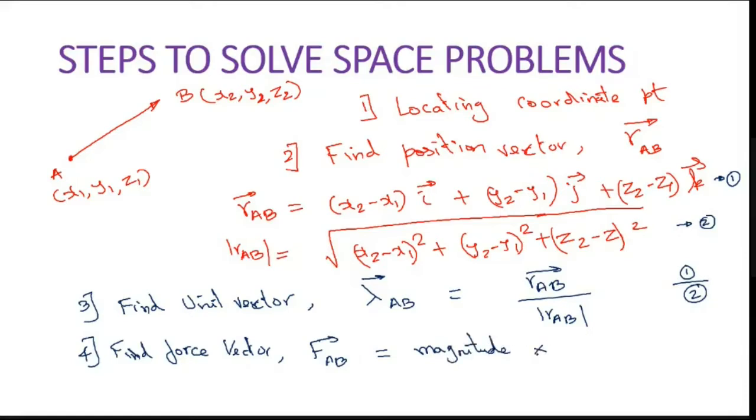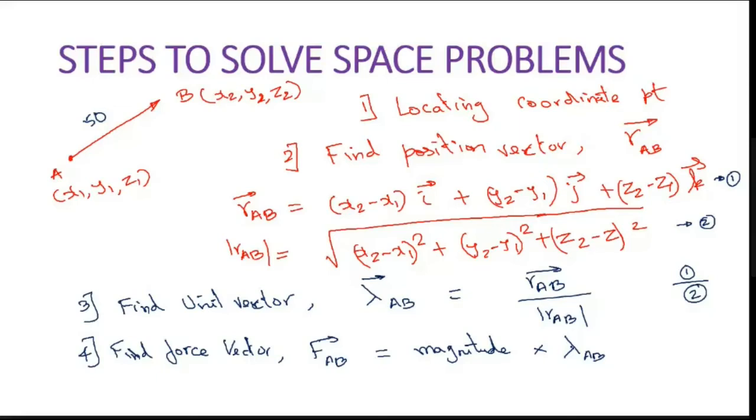It is a scalar multiplication, not a cross product, because the magnitude is a scalar quantity. For example, if this force is 50 Newton, you multiply 50 with this lambda AB. This is the normal procedure to identify all the forces.